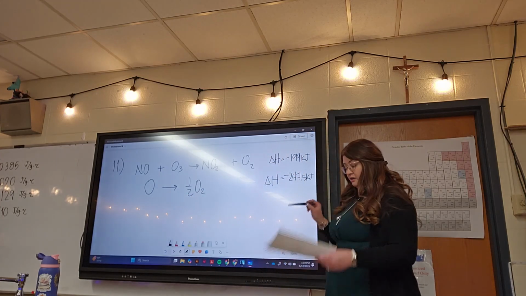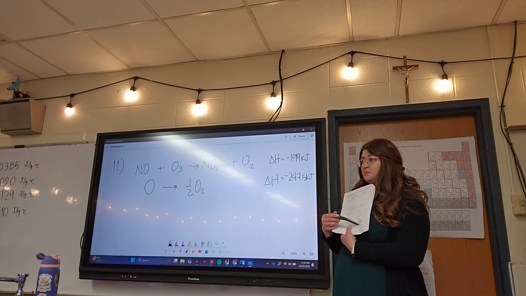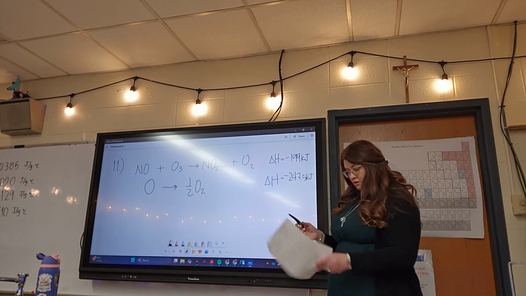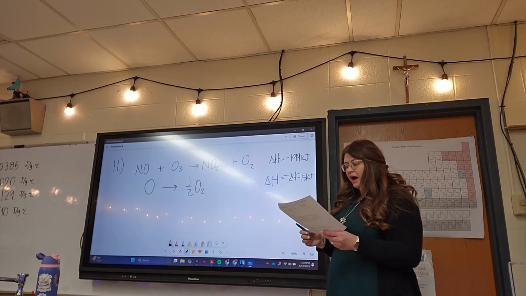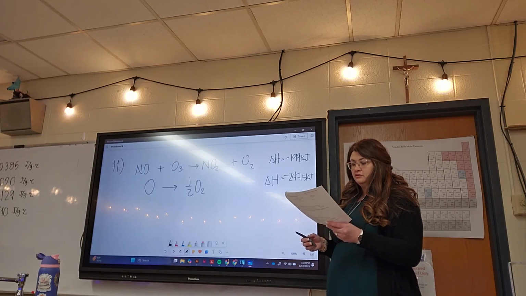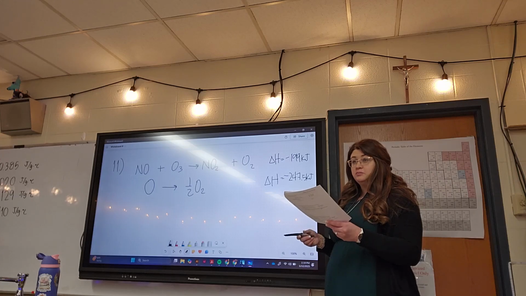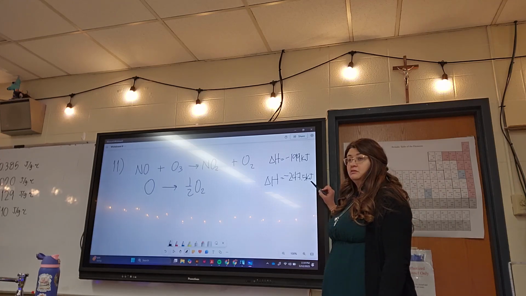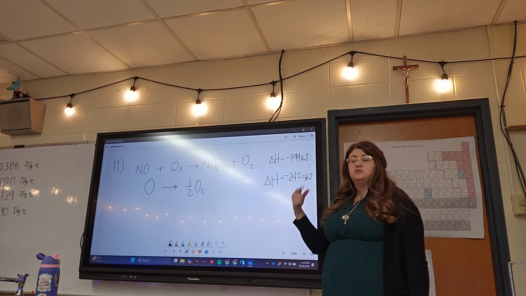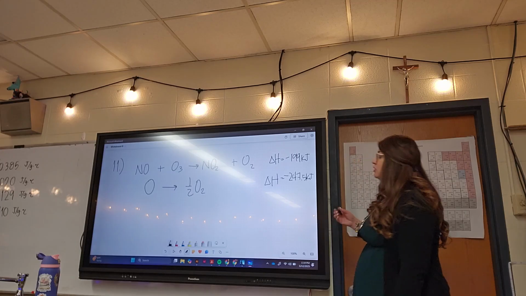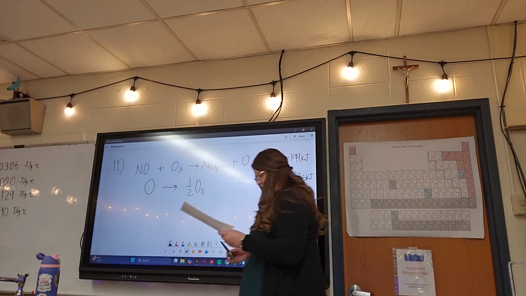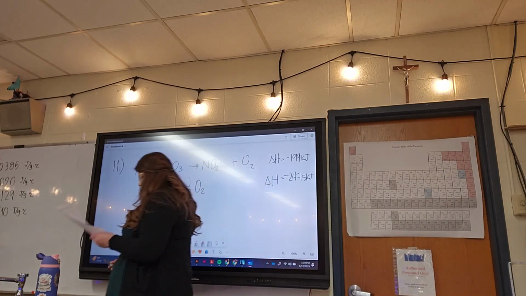I took the value from here, positive 495, and multiplied it by negative 1/2, and that's how I got this number. Do you see why I did that? I flipped the equation, so it's got to be negative, and then we multiplied everything by 1/2, so that's also the half. All right, now what?